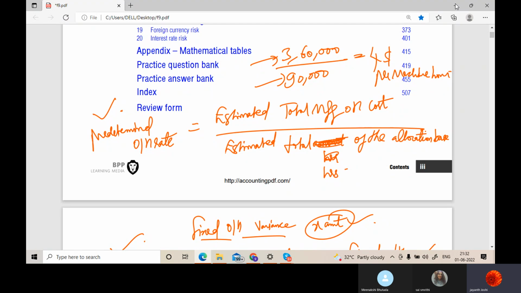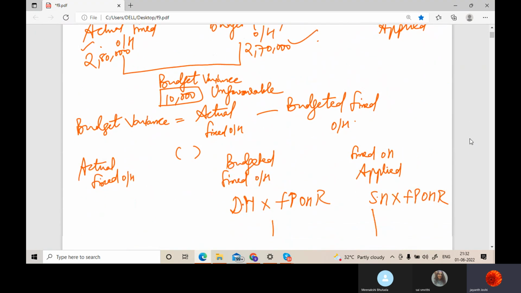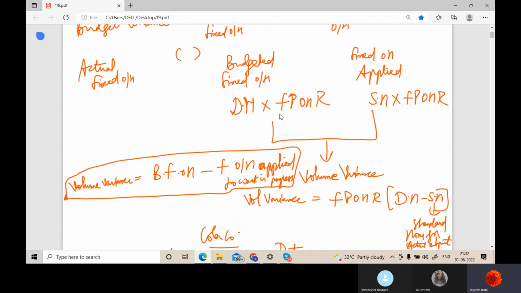So this is predetermined overhead rate. But when you see our formula, we require fixed predetermined overhead rate, not POHR. We don't want POHR. We want FPOHR. Okay. So now what we have to do is we have to see in the question the variable and the fixed elements.